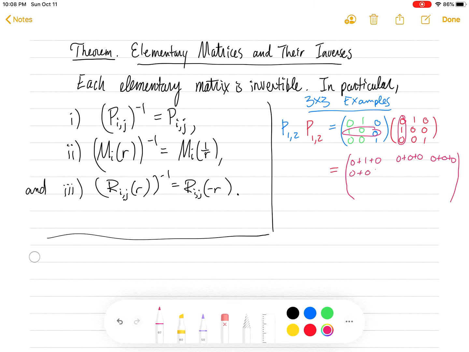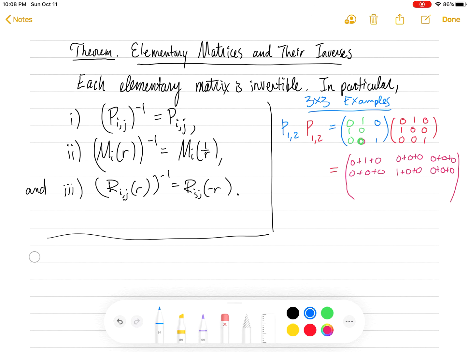Second row, first column: 0 plus 0 plus 0. Second row, second column: 1 plus 0 plus 0. Second row, third column: 0 plus 0 plus 0. All right, second row done.